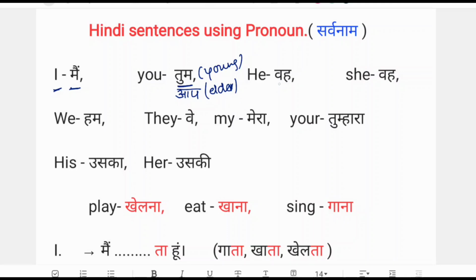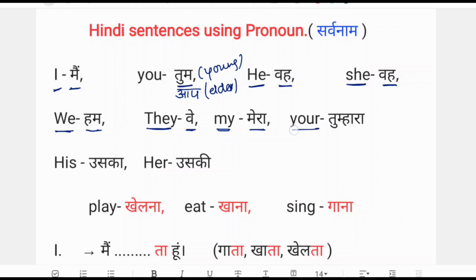Then for he we use वह. And for she also we use the pronoun वह. And for we use हम. For they it is वे. For my it will be मेरा.